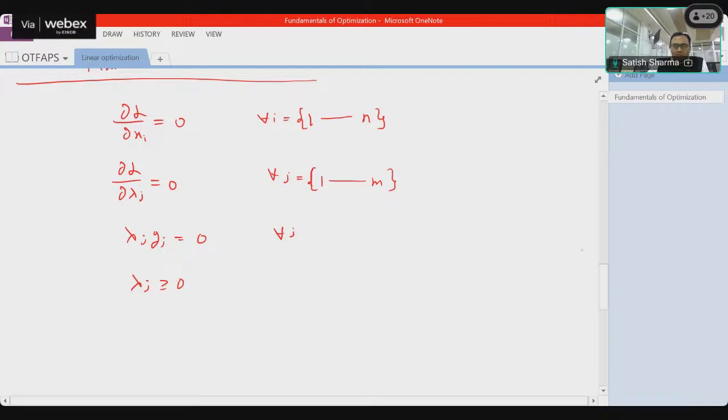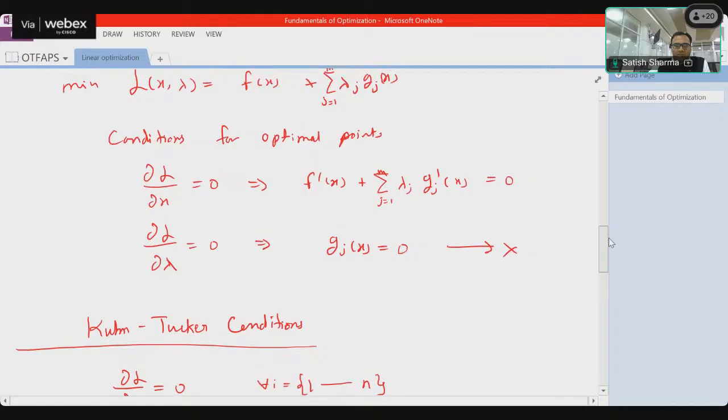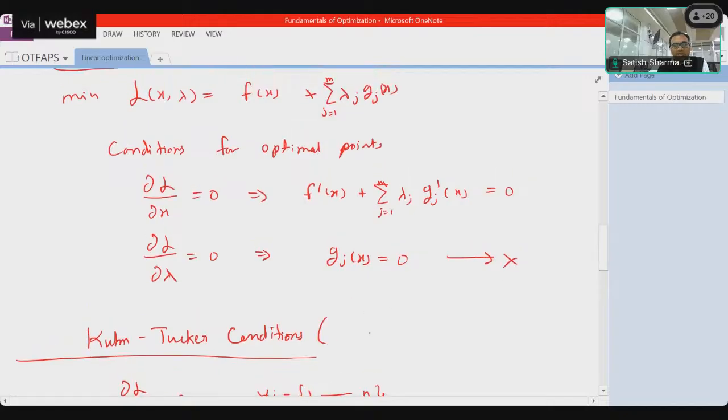Once we solve these conditions, we get the optimal solution. Sometimes these are called KT conditions, and you must have heard of the KKT conditions. That is another name, Karush-Kuhn-Tucker.